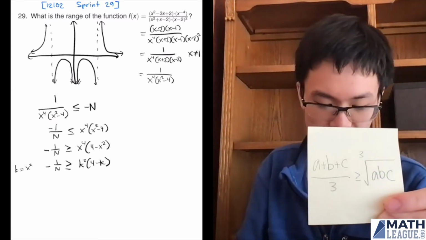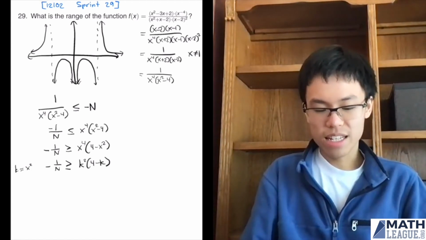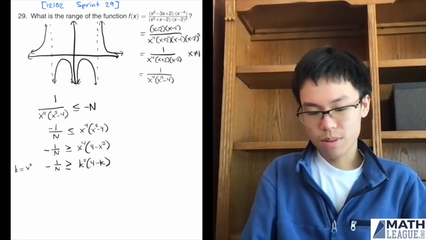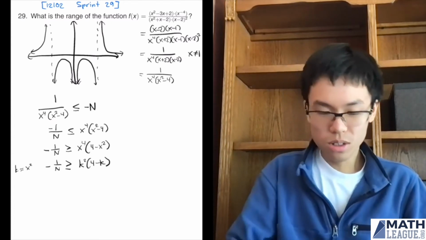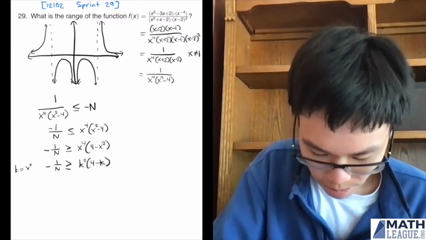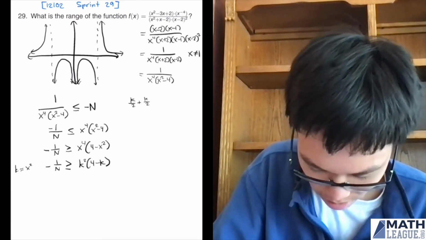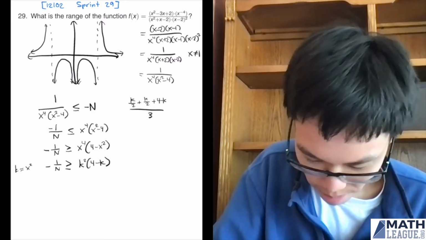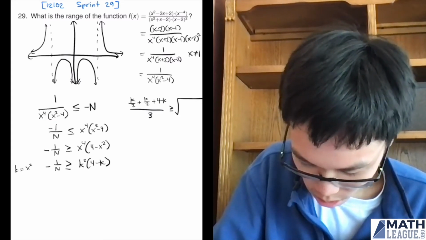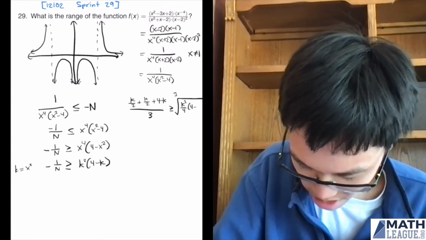I mean, there's a k squared, but we have k times k. But wait, if we do k over 2, then you add them together. Hold on. If we do k over 2 plus k over 2 plus 4 minus k, by the AM-GM, that will be greater than or equal to the cube root of k squared over 4 times 4 minus k.